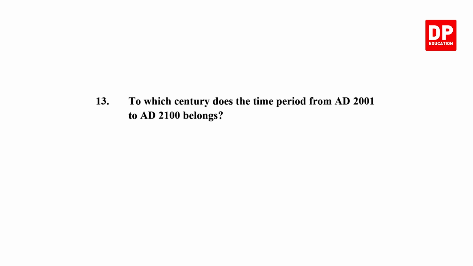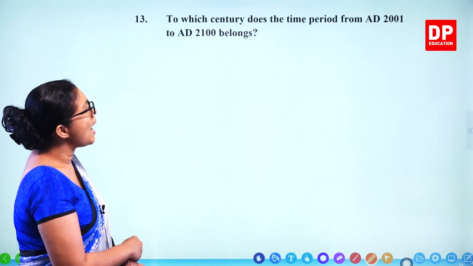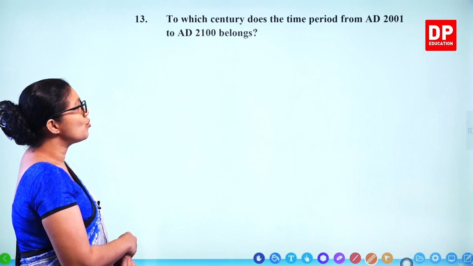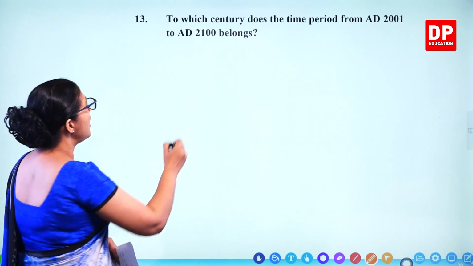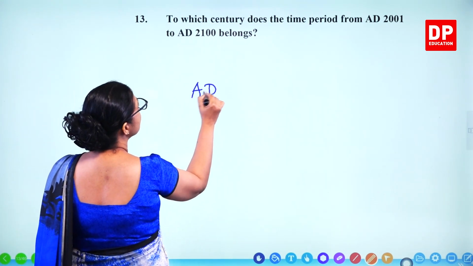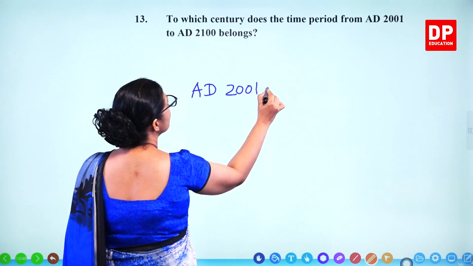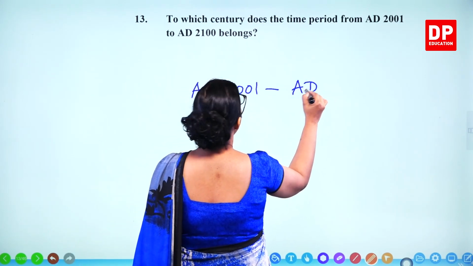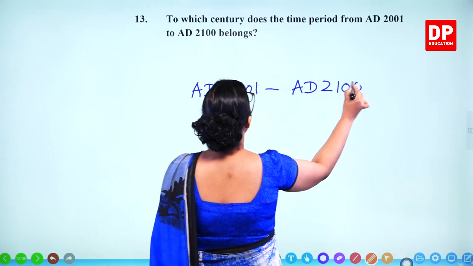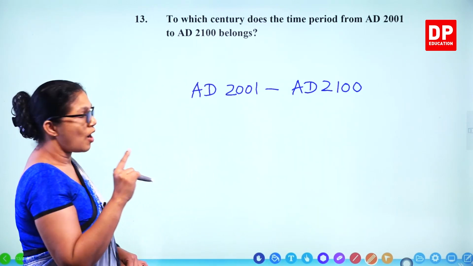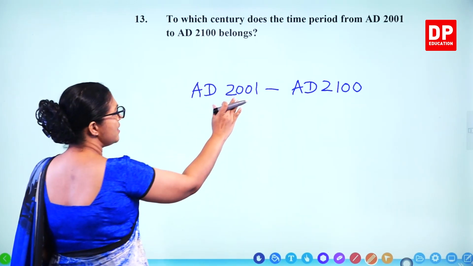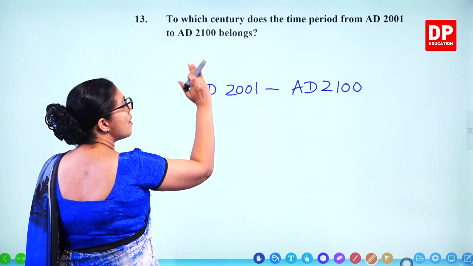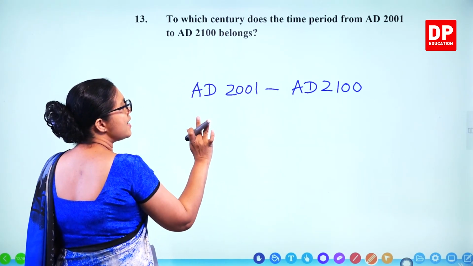Question number 13. To which century does the time period from AD 2001 to AD 2100 belong? So how do you do it? We divide by 100. If it's 0, we don't add it.